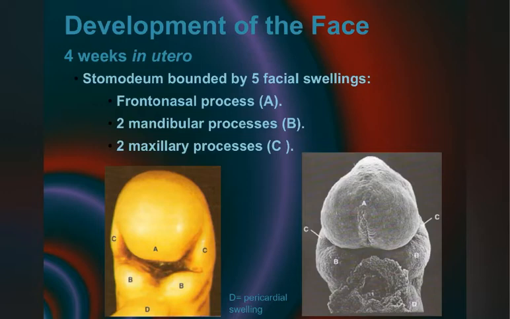Development of the face. Now we start with the facial development week by week. At 4 weeks in utero, during intrauterine life, we see here that the primitive oral cavity or stomodium is bounded by 5 facial swellings.